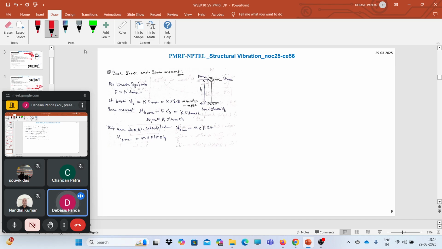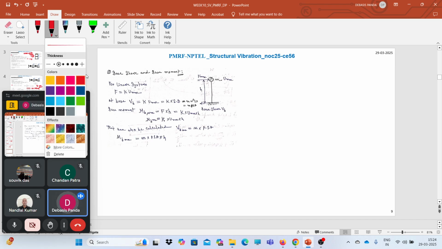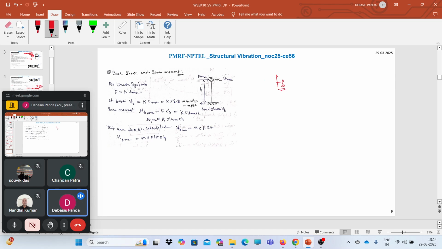Okay, so once we have the information of the equivalent static force fs, we can easily calculate the base shear. For the single degree of freedom system, we have calculated the base shear like this. Base shear is nothing but k times u max, and we have further simplified that equation: k times u max is k multiplied by the spectral displacement.